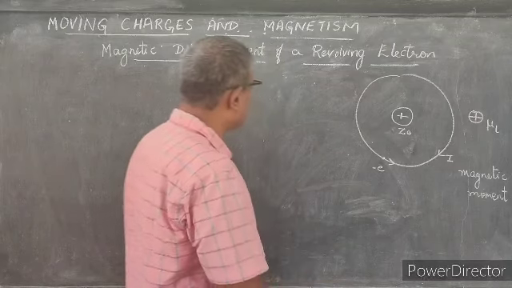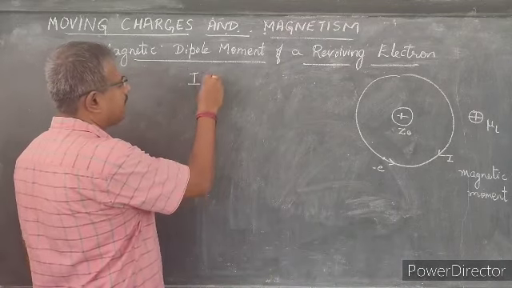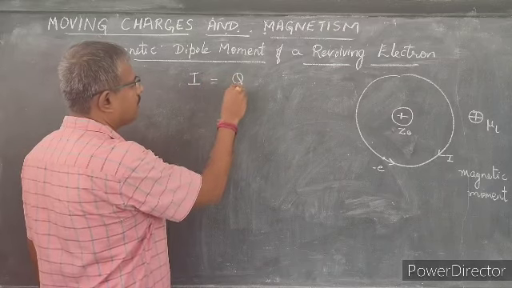So if I were to find out what the current is, it is nothing but charge over time.